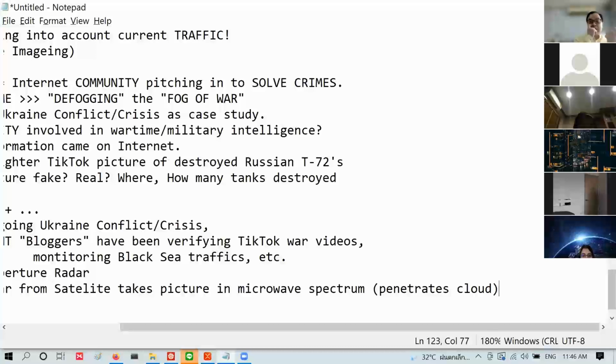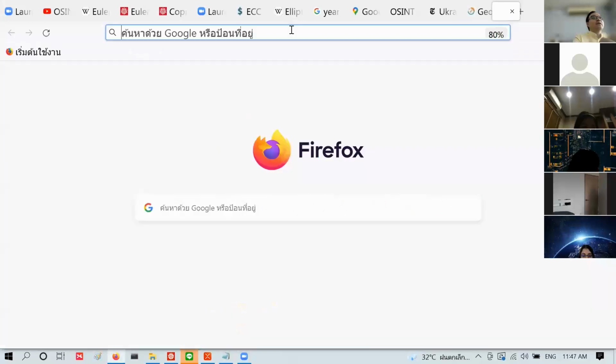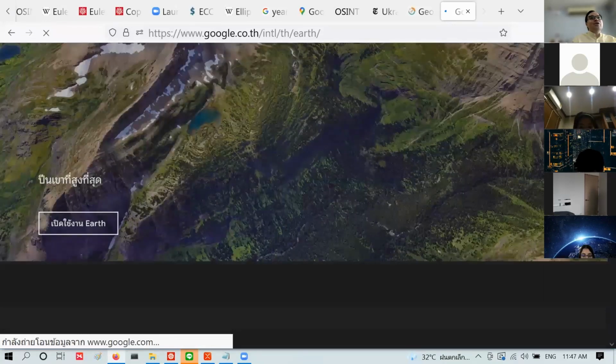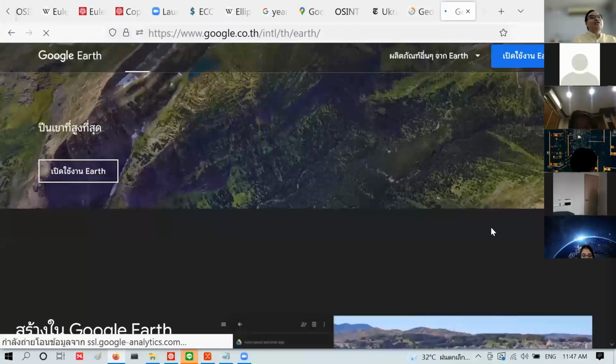Yeah, so that's good, right? Because say you want to go to Google Earth and ask what Ukraine looks like right now. By the way, I downloaded Google Earth Pro. Whenever there's cloud coverage, you can't see.